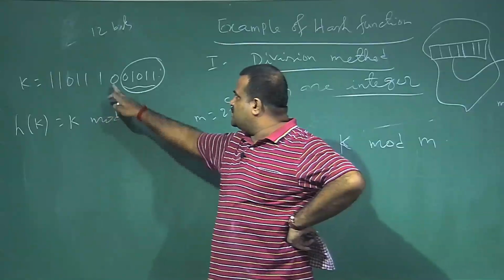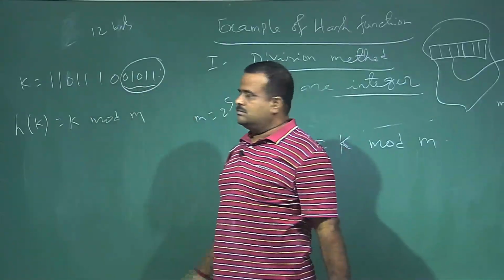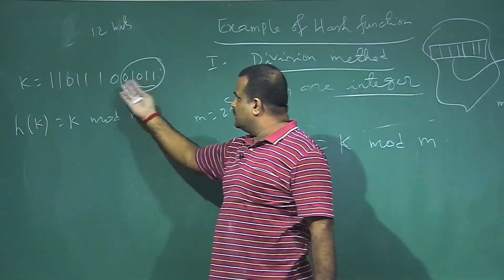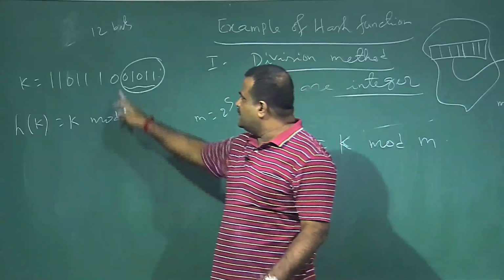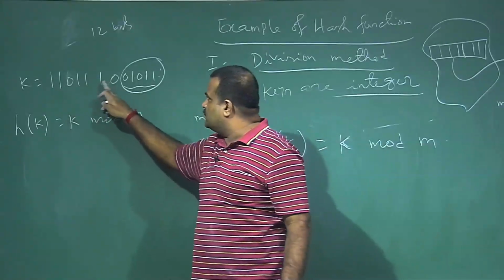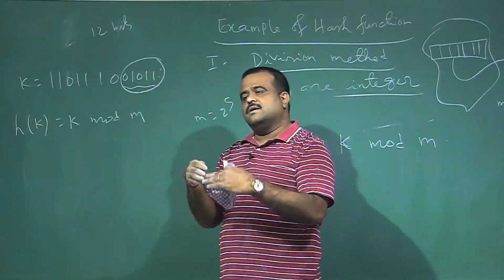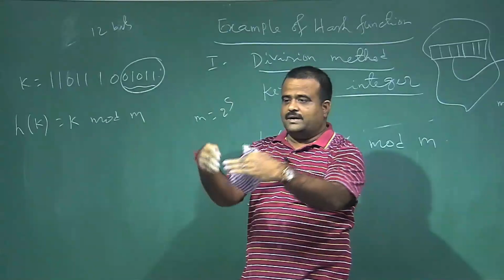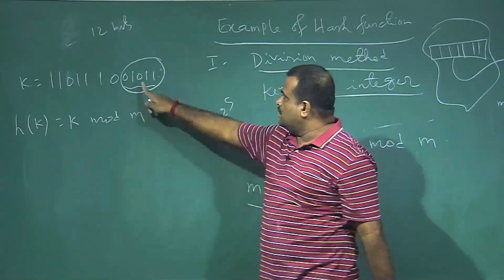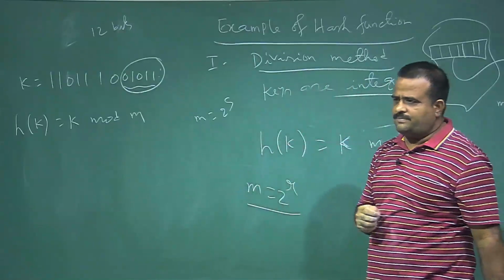So, if we change any of these positions, it will give us the same hash value as long as we fix these bits. So, there are lots of collisions there. Any change over here, how many bits are there, 1 2 3 4 5 6 7. So, 2 to the power 7 keys are colliding into a particular slot, and a huge number of collisions is happening over here.